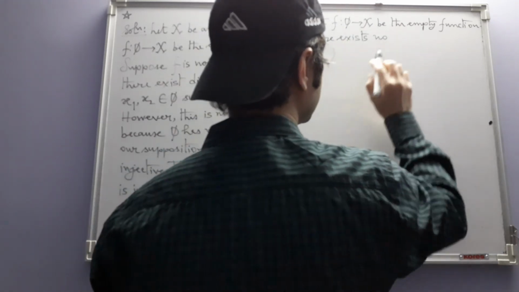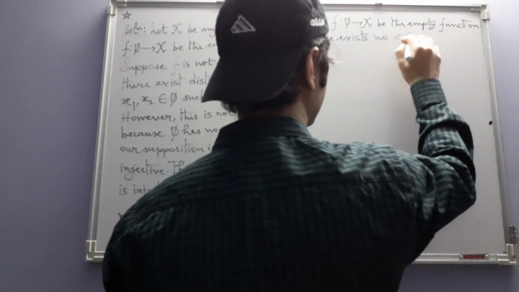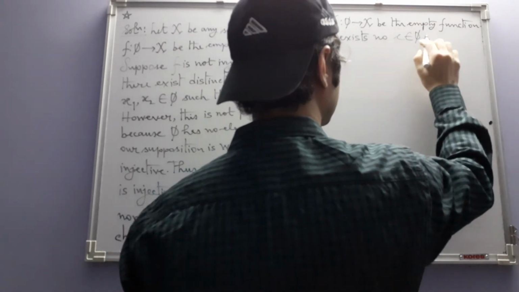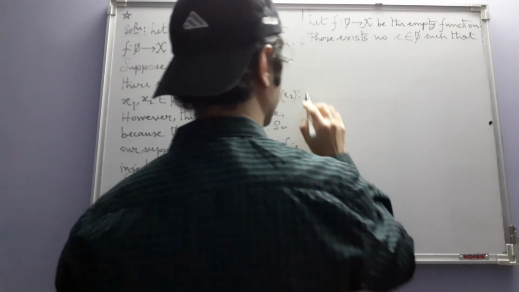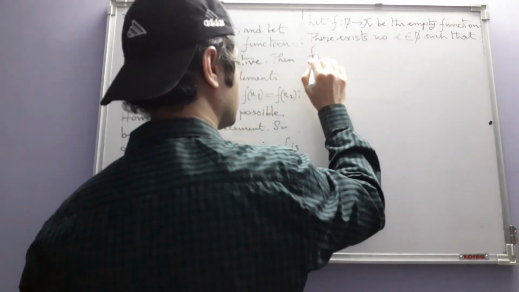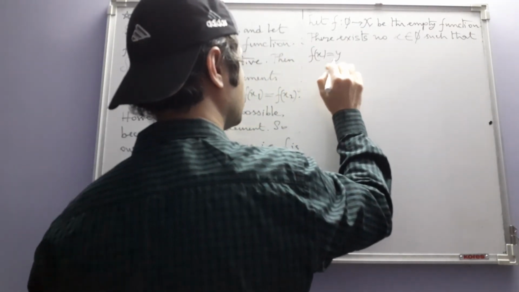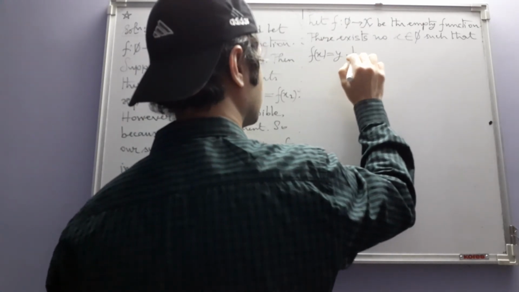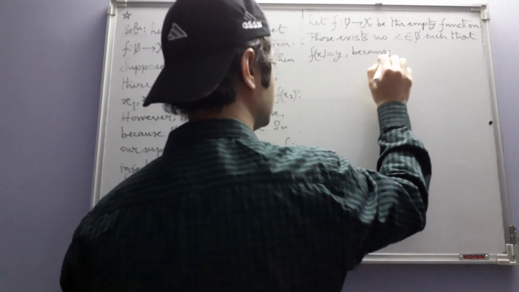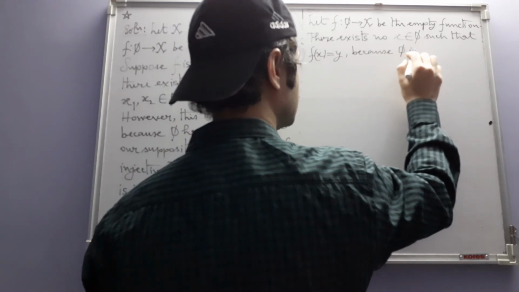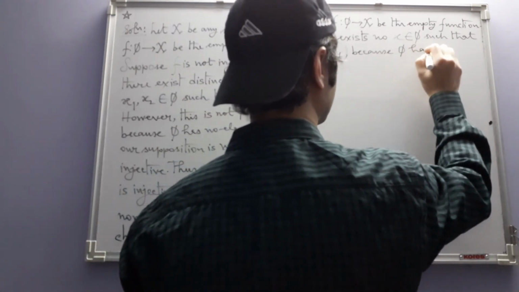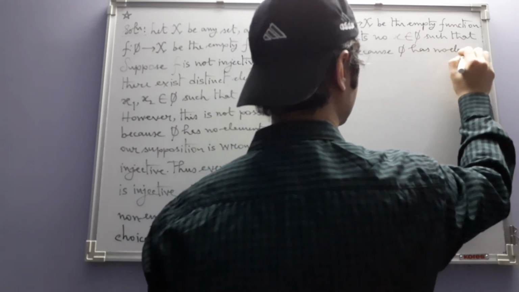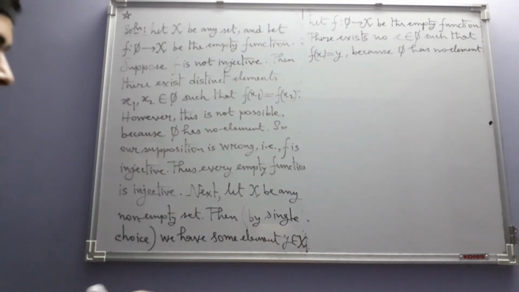Now there exists no x in the empty set such that f(x) is equal to y. Again the reason is the same, because this has no element. And what is the conclusion?